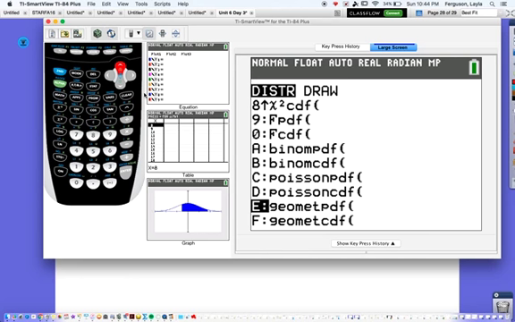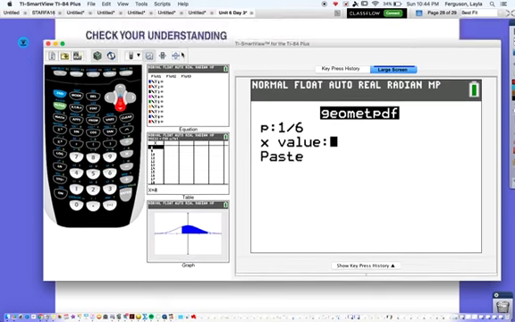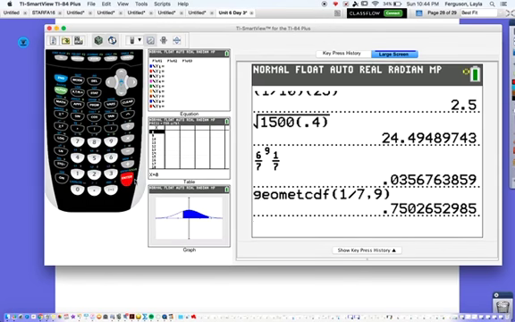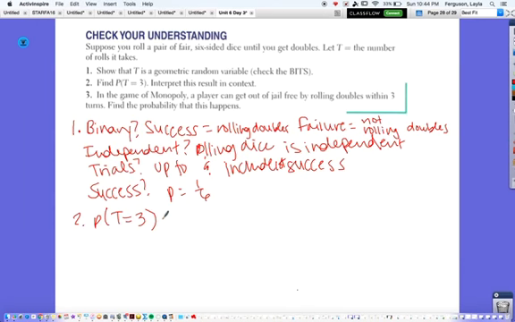Because we have an equals, we're able to use geometric PDF. Our probability we said was going to be 1/6, and our x value that we are looking at is 3. So whenever we do that, we get 0.1157.